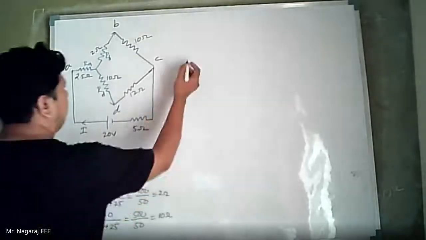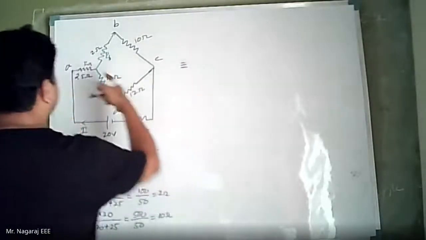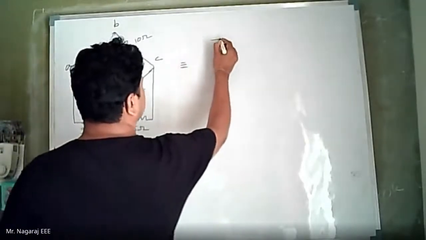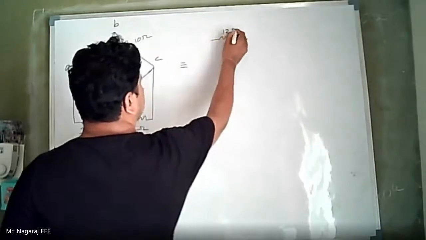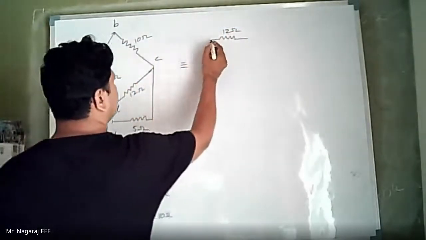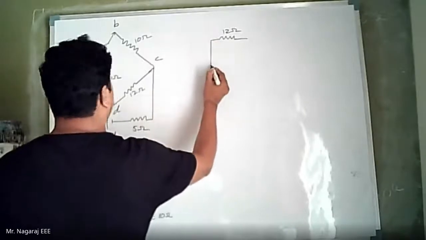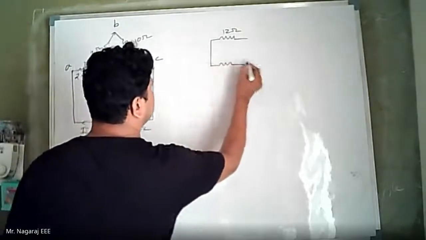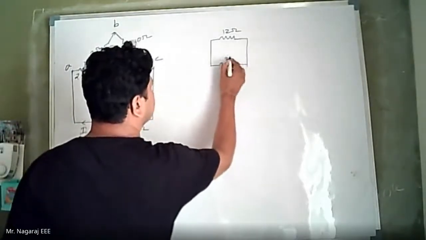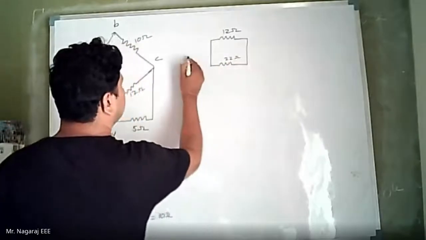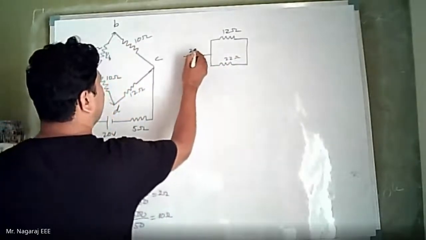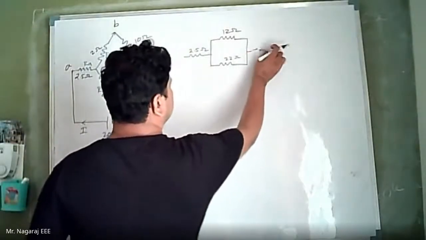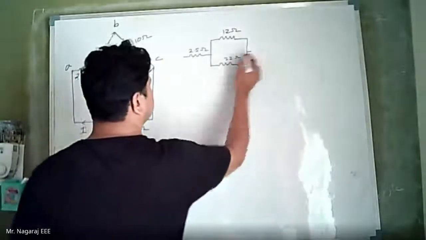So I will redraw this circuit once again as 2 ohm and 10 ohm, 12 ohms, 2 plus 10, in parallel with 10 ohm and 12 ohm, 22 ohms. This is 2.5 ohms, and this is 5 ohms.